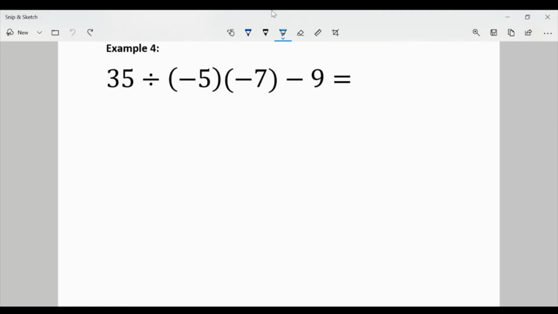All right, so let's look at example number 4 here. Just like example number 3, we got quite a bit going on, right? Some mixed operations here. There's some division, multiplication, and subtraction. So we don't have to worry about anything inside the parentheses. There are no exponents, so we can go ahead and move into the multiplication and division section, right?